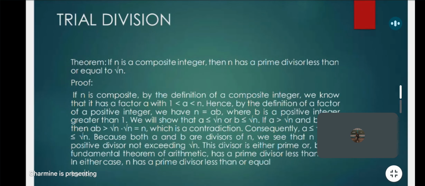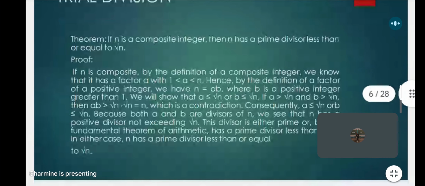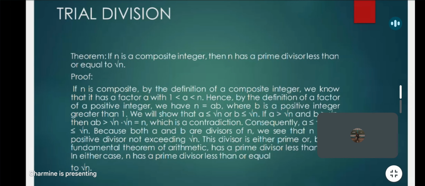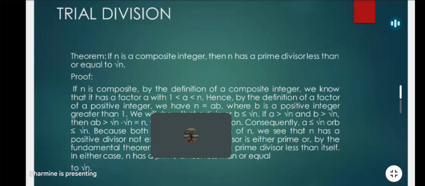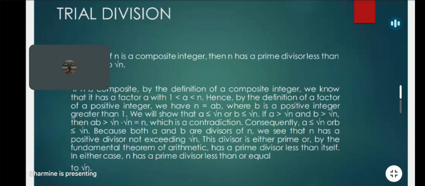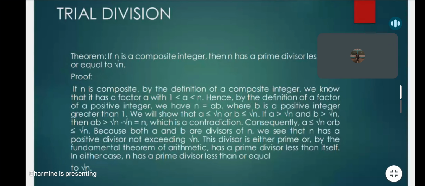Consequently, a ≥ √n or b ≥ √n. Because both a and b are divisors of n, we see that n has a positive divisor not exceeding √n. This divisor is either prime or, by the fundamental theorem of arithmetic, has a prime divisor less than itself. In either case, n has a prime divisor less than or equal to √n.